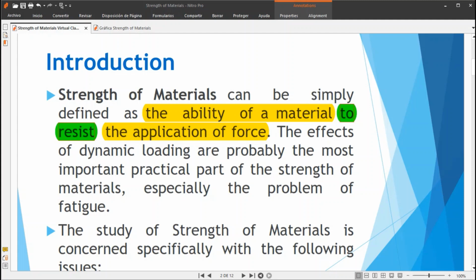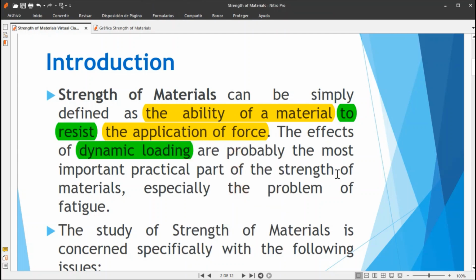Resistance. Now, the effects of dynamic loading are probably the most important practical part of the strength of materials, especially the problem of fatigue.